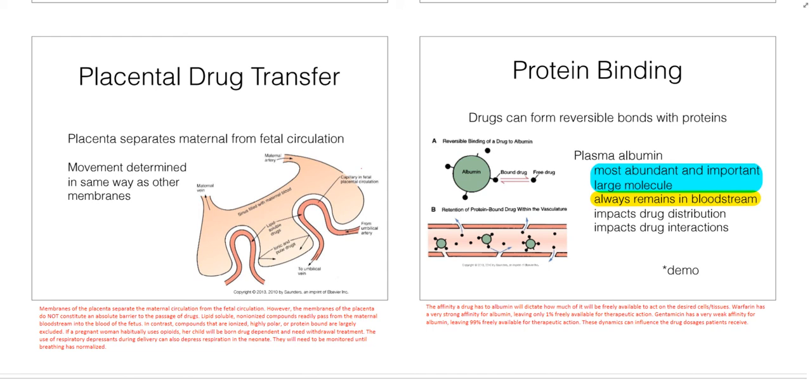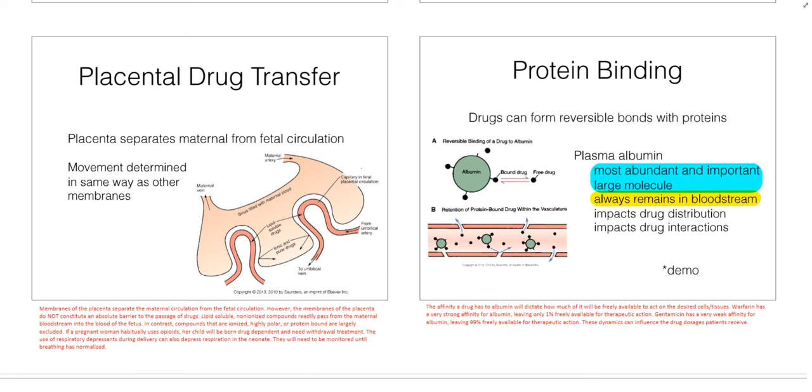What that means is if a person has low levels of albumin, that's going to make a very stark difference in how much of a dose we're going to give for warfarin. If a person has a dramatic decrease in their albumin count, the normal dose that we would give to someone with normal levels of albumin might cause them to bleed out.